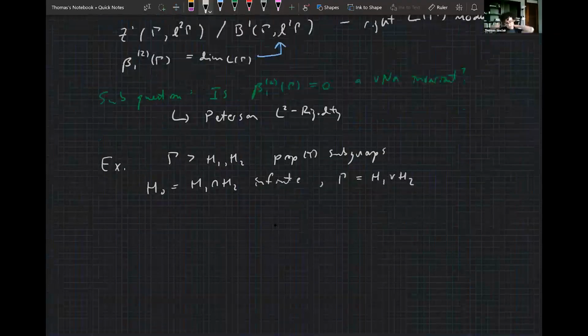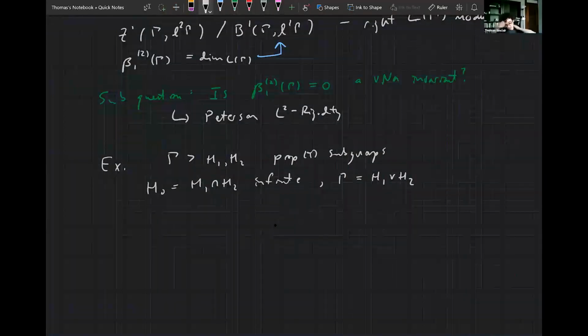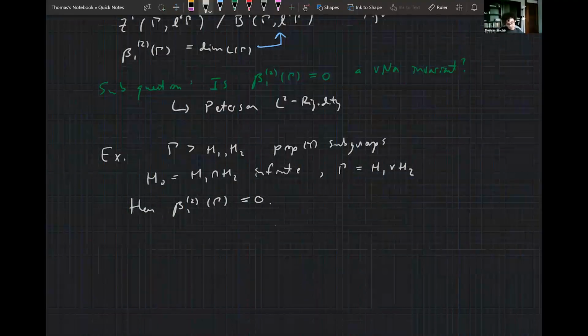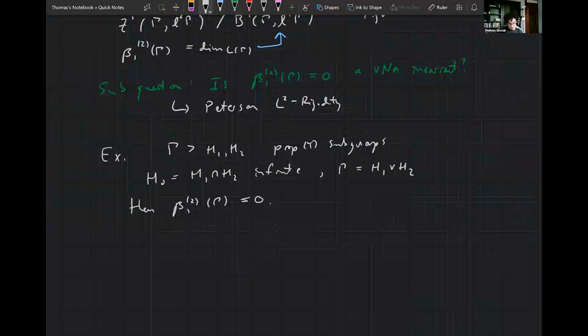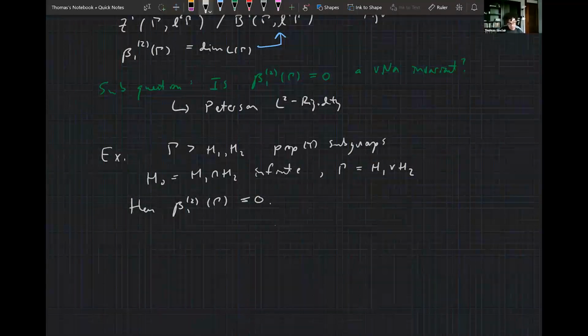So if we have two generating subgroups with property T and infinite intersection, then you have vanishing L2 Betti number.